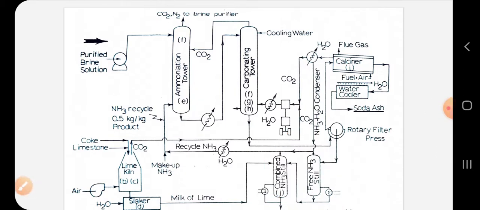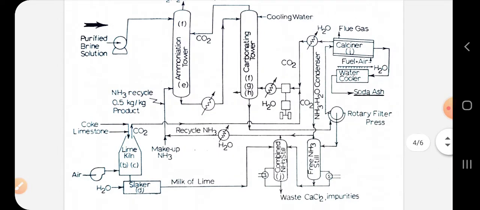This is the ammonia recovery cycle. After the rotary press, the unreacted ammonia first enters the first free NH3 still, and it is distilled using a steam heated reboiler.